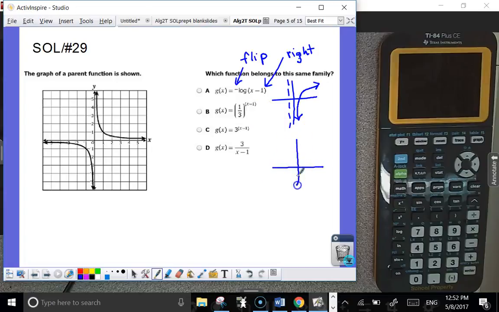One of them looks like this, and one of them looks like this. Right? They have their own horizontal asymptotes that look like that. So neither one of those is right. So we can pretty much say it's not that, and it's not that, and it's not that, so it's got to be this one, right? What do you call that kind of function? How about inverse variation?